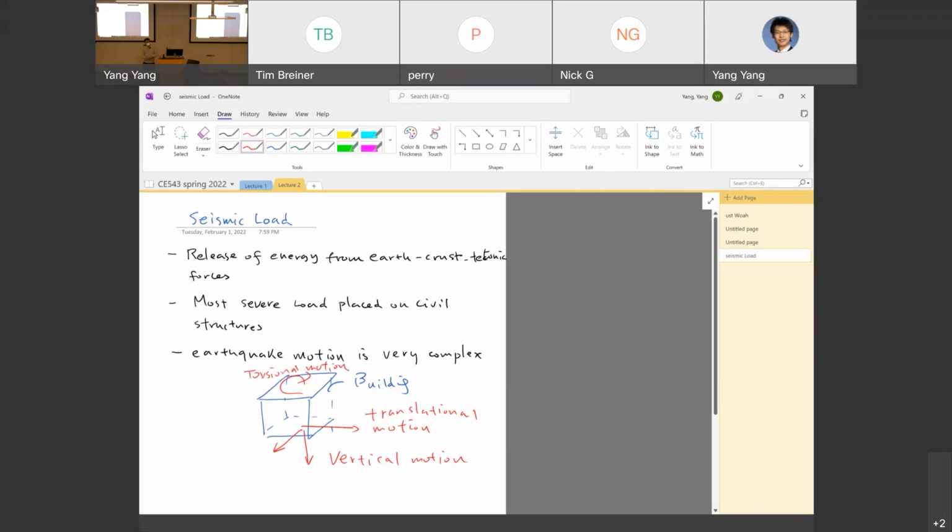That means the forces and moments in the actual building can be in any direction, so analysis for structures under earthquakes can be very complex.